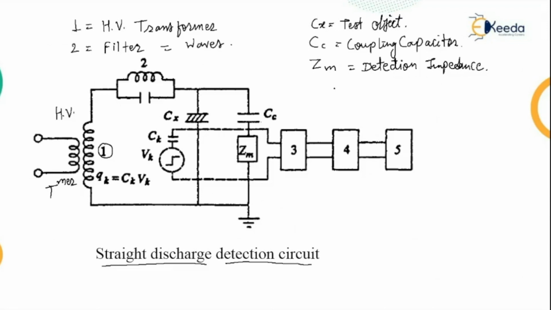The signal developed across that detection impedance is passed through a band pass filter and amplifier.